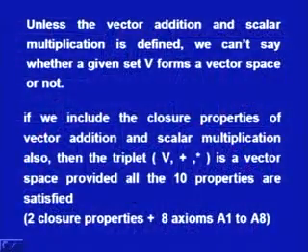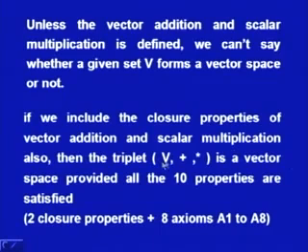Now with this, if we include the closure property of vector addition and scalar multiplication also, then this triplet V, plus and star is a vector space provided all the 10 properties are satisfied. These 10 properties are two closure properties, one with respect to addition, another with respect to scalar multiplication, and 8 axioms which I have just now discussed from A1 to A8.